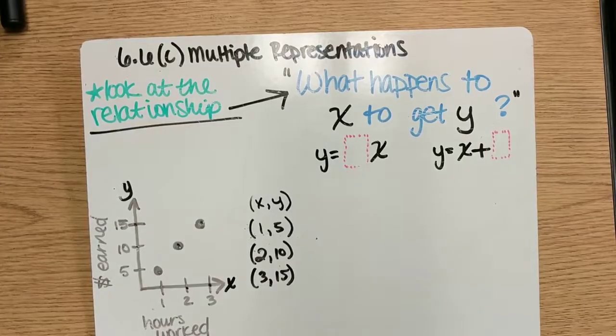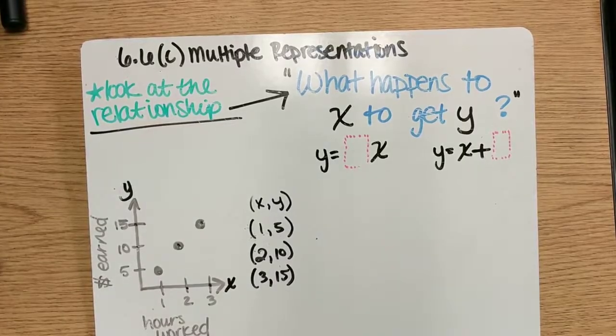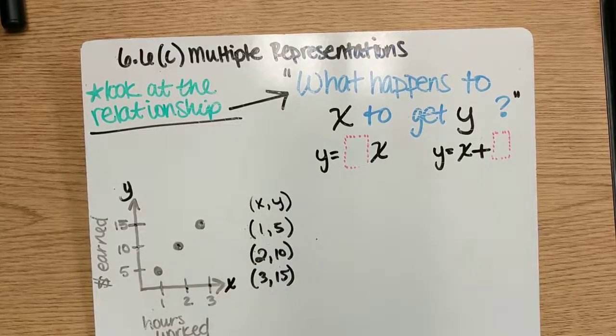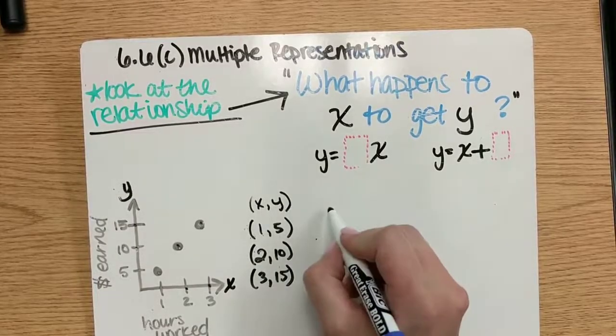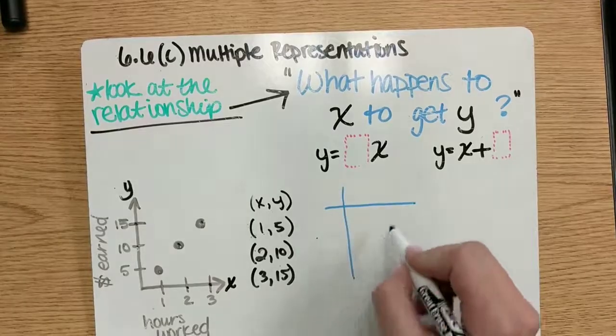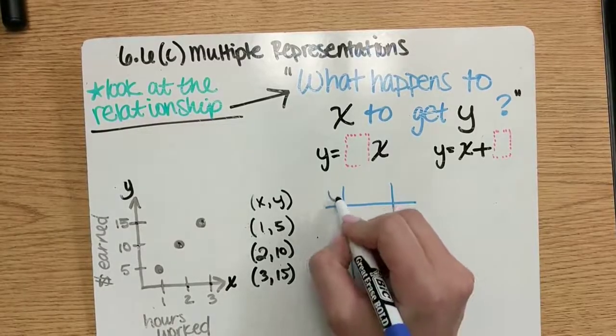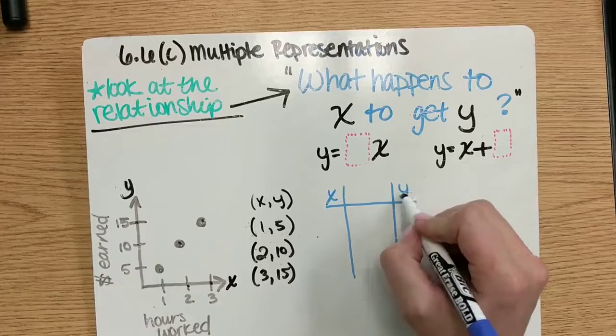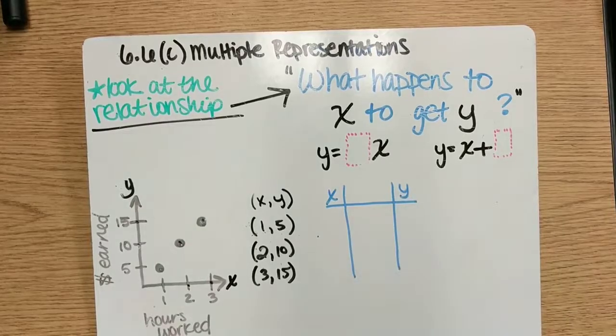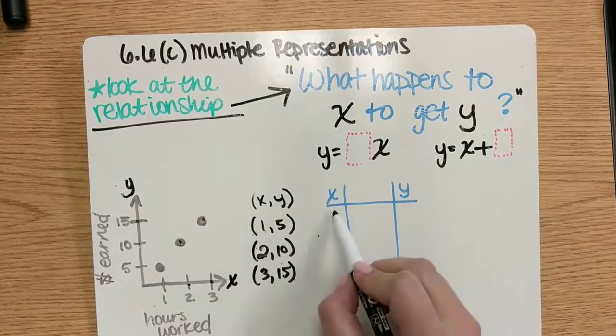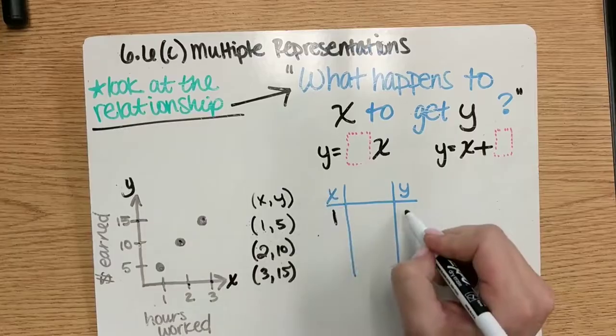Well, if you don't see it yet, we can always draw a table. This actually almost looks like a table in your homework. So I'm going to put my x's on this side and my y's on that side. My first ordered pair was 1, 5.